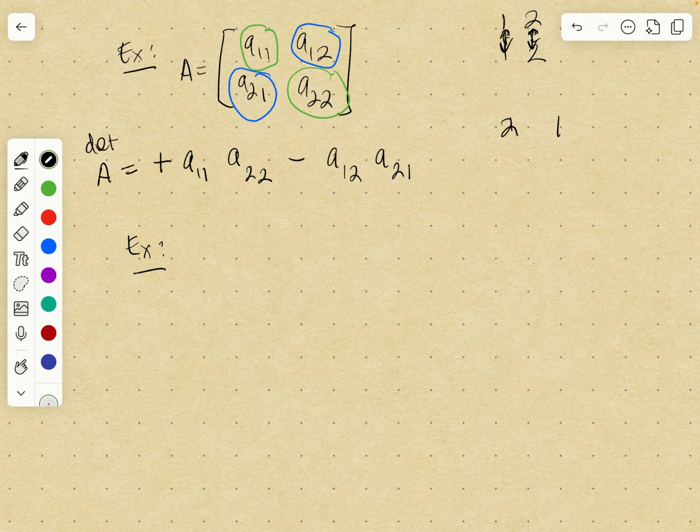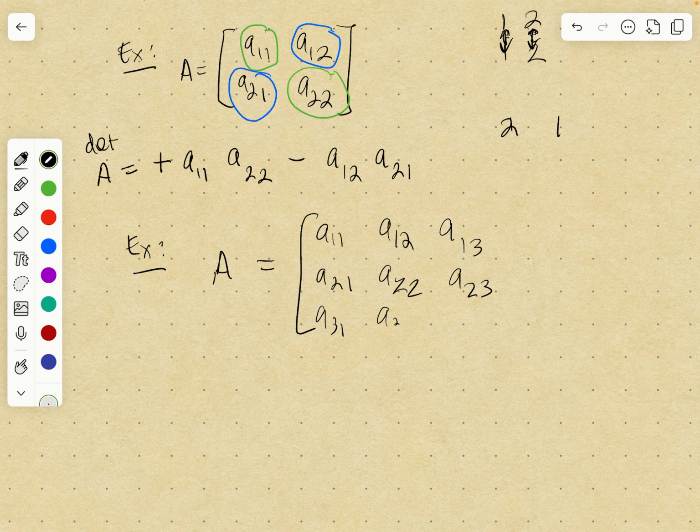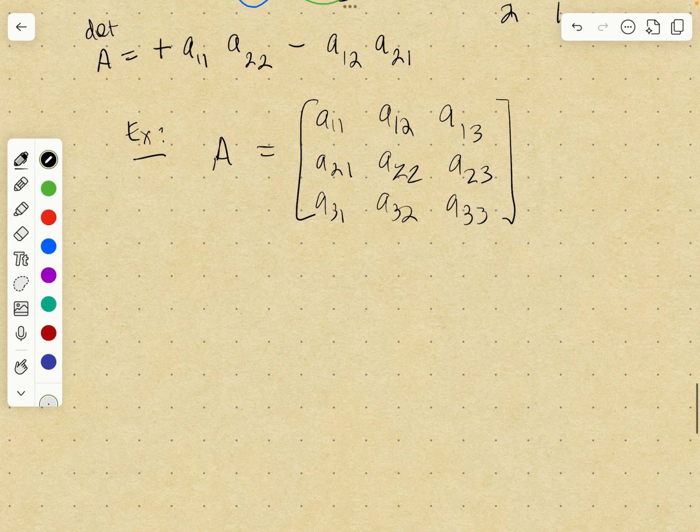Now let's look at the general 3 by 3 matrix. So you're going to have A sub 1,1, A sub 1,2, A sub 1,3, A sub 2,1, A2,2, A2,3, A3,1, A3,2, A3,3. And we write down all the different possible ways of taking products where you take in each row a number in a different column.